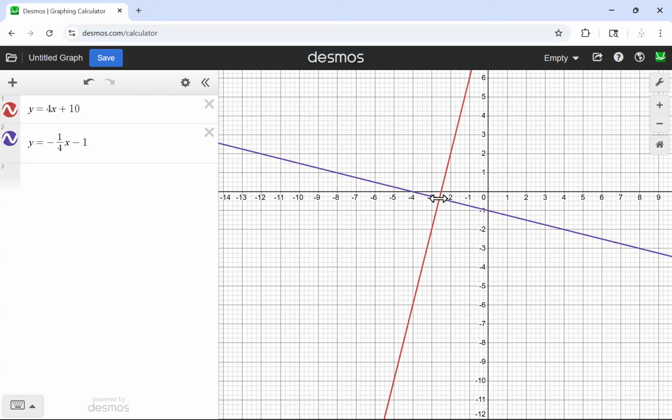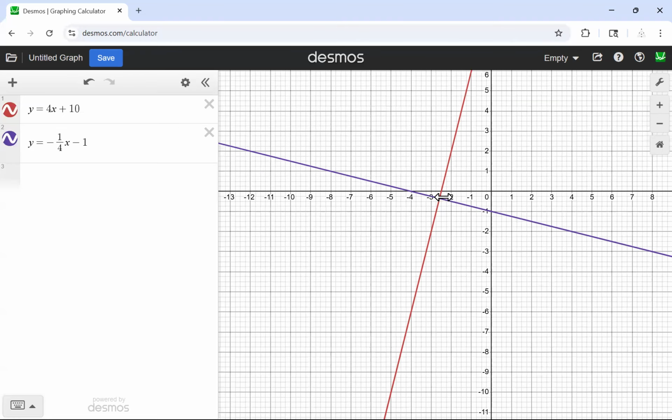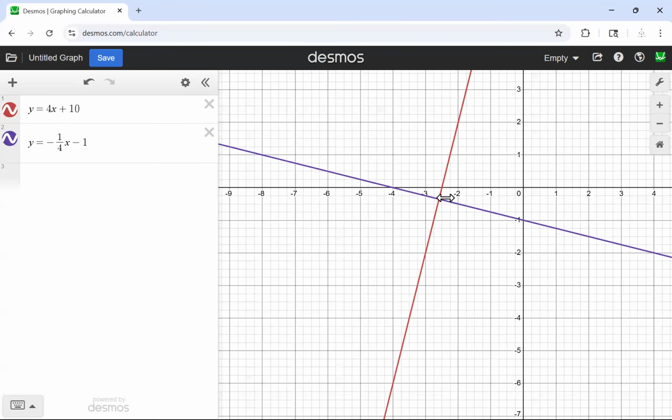So perpendicular lines meet at 90-degree angles. It might be hard to see on this one, but these are perfect 90-degree angles. And that's what's interesting about perpendicular lines when I graph them.